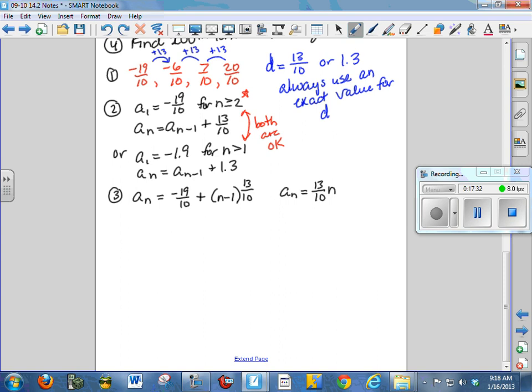Well, I could plug in a point. Probably I want to have my first term be negative 19 tenths when n is 1. So how do I get to negative 19 from 13? I would have to subtract. Let me get my little calculator out here. So I should have prepared this ahead of time.